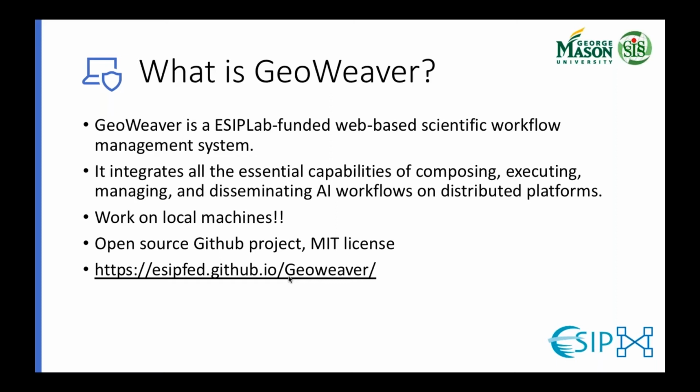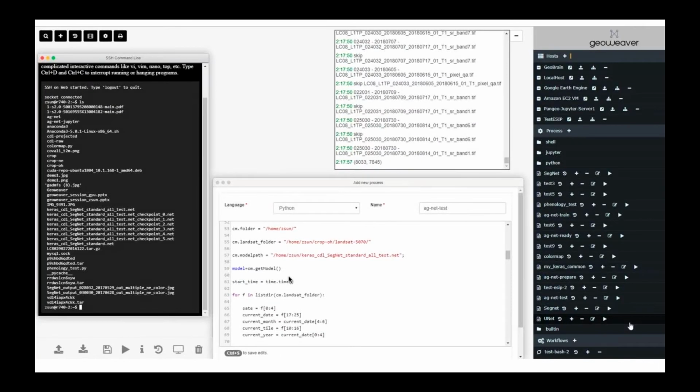So this is the interface, and don't misunderstand, those windows are not my laptop windows. They are Geoweaver windows. It's just that the style is Mac style. So when you are using Geoweaver, it's like you are using your own laptop. It will feel pretty compatible with the user habits you have formed on your laptop.